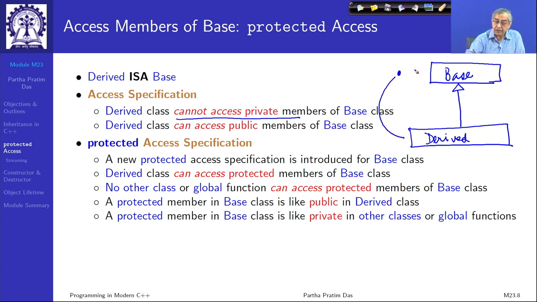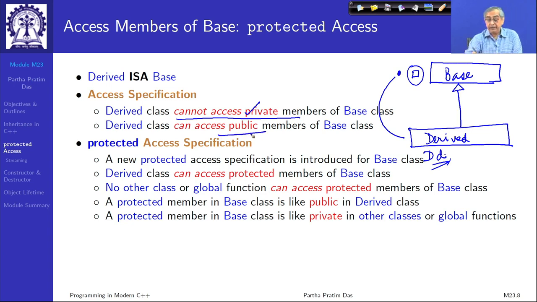But the question is, if I have a member which is private, then the derived class, or an object of the derived class, will not be able to access it because it is private. It is encapsulated completely. It was required to encapsulate the original base class, so we have to stick to that.